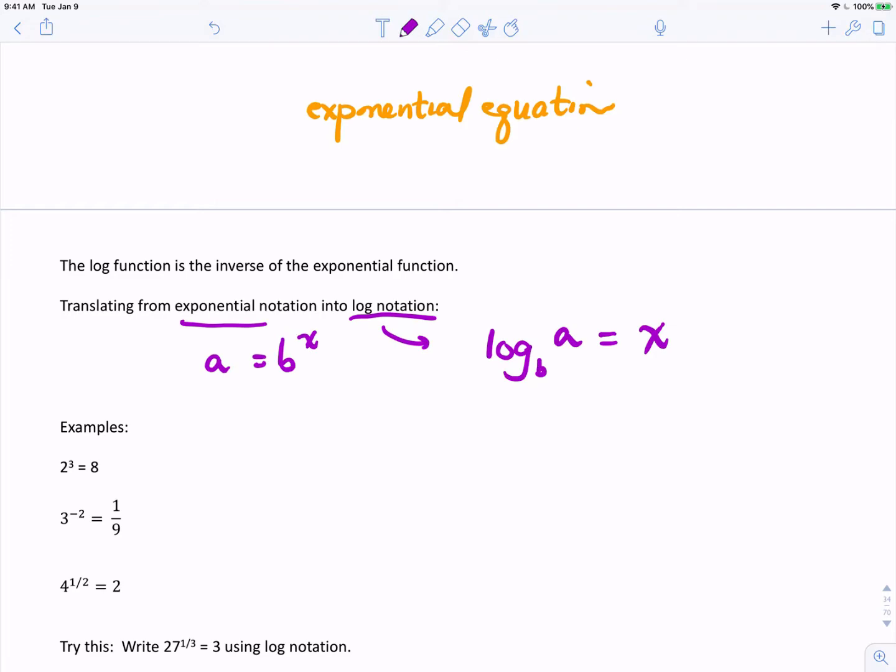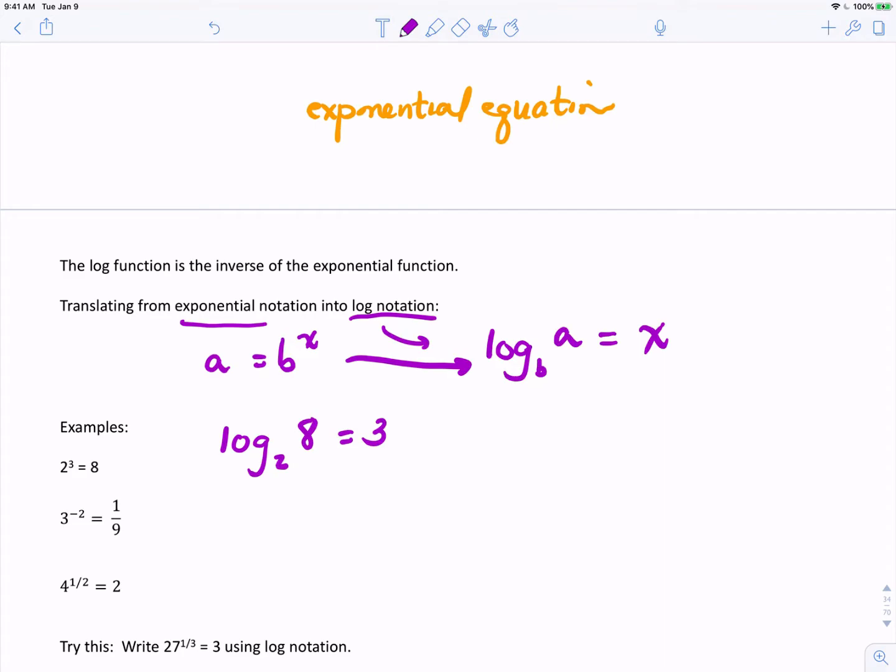So the first thing we're going to do is practice translating from exponential equation notation into log notation. So for example, 2 to the third power is equal to 8. Let's write that using a logarithm. Log, the base is 2. It's always equal to the exponent, so we have log to the base 2 of 8 is equal to 3.